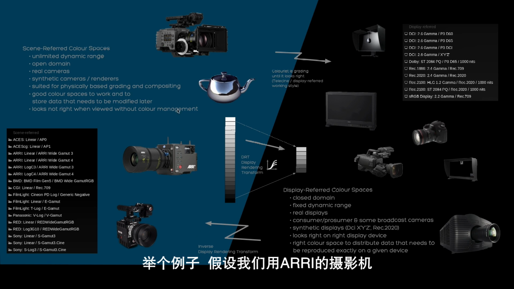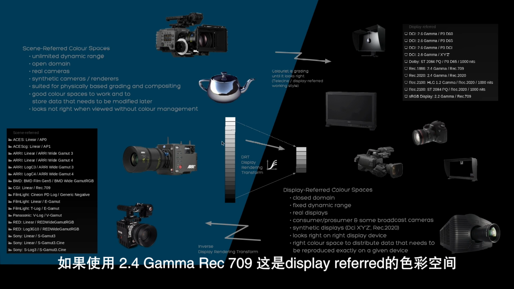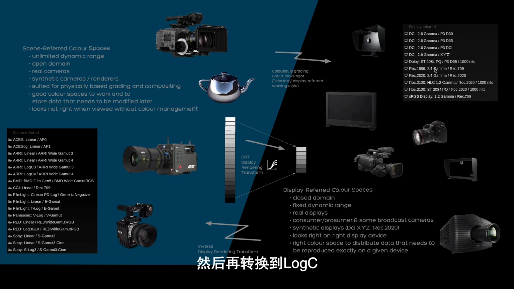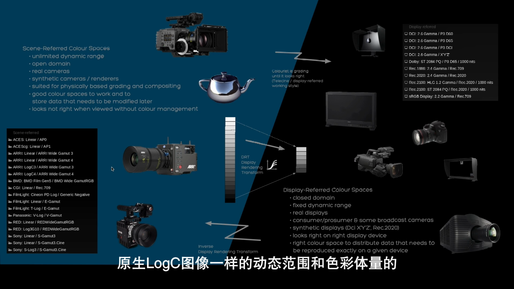Let's think of a quick example. Let's say we have an ARRI camera and we can capture in Rec 709 2.4 gamma or in log C. If we capture in 2.4 gamma Rec 709, which is a display referred color space, and then convert that back to log C, I guess to all of us it's clear that we can't expect the same image fidelity and especially dynamic range and color volume that we would expect from a native log C capture.